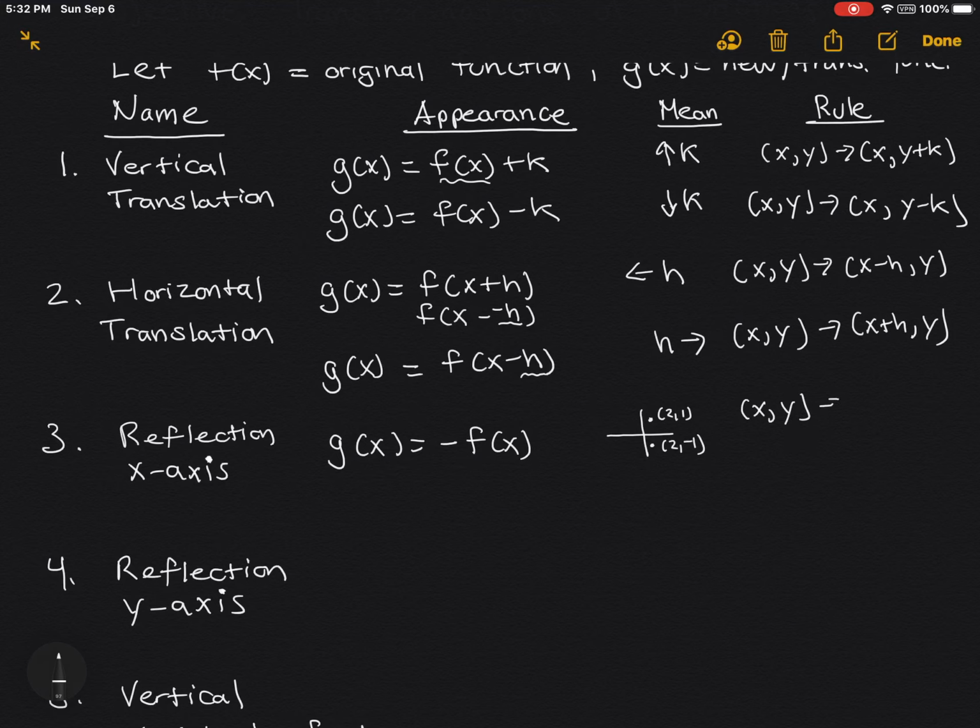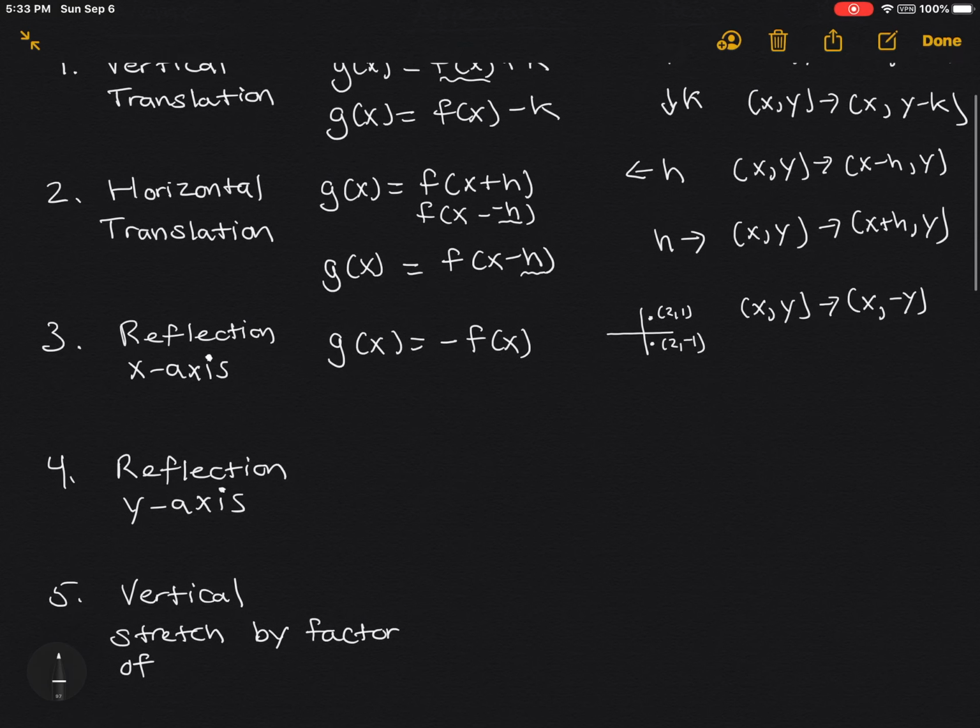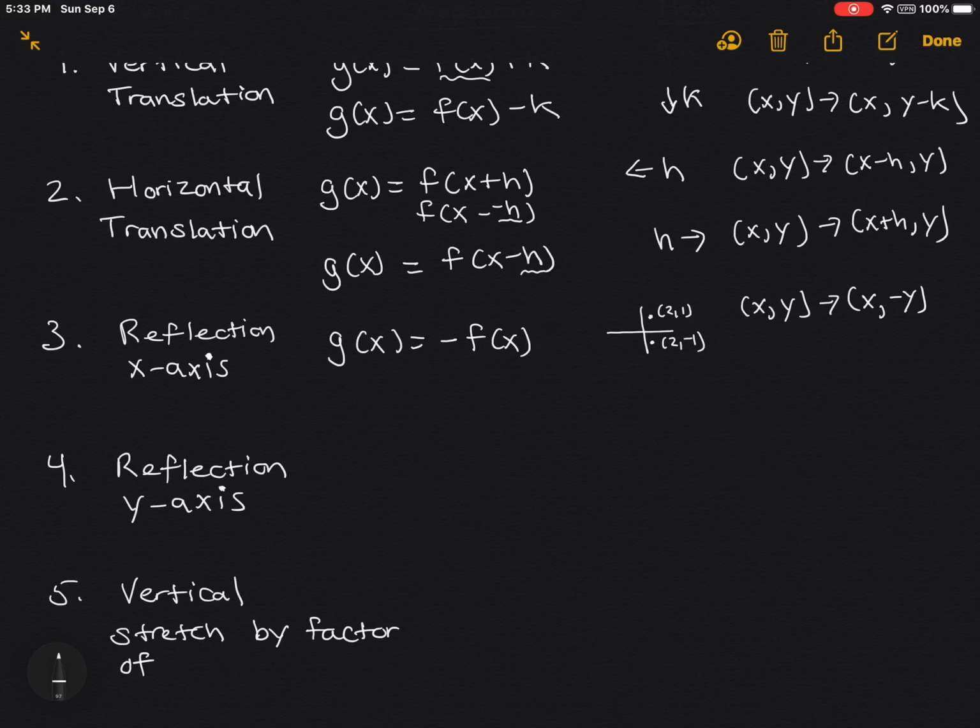And so if you take a look, x comma y, what happened to x comma y? The x value stays the same, but the y value became negative. So that's something you could always draw out if you forget. It's like, what was the reflection in the x-axis rule? Was it x negative x, y or x negative y? So you can see here, x y becomes x negative y.